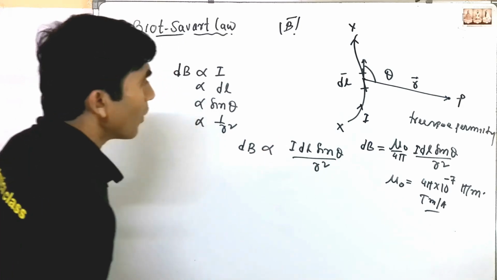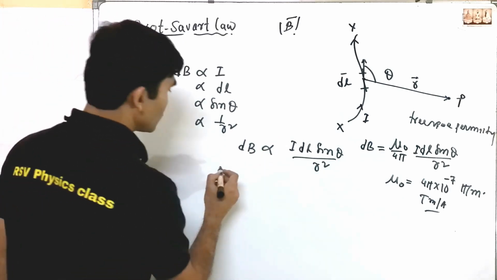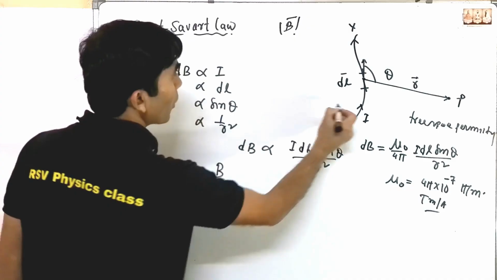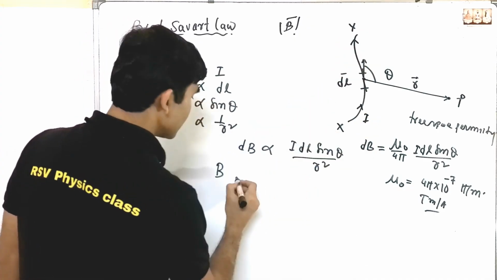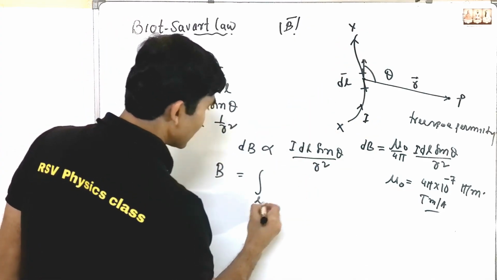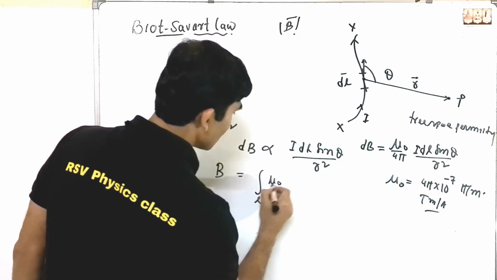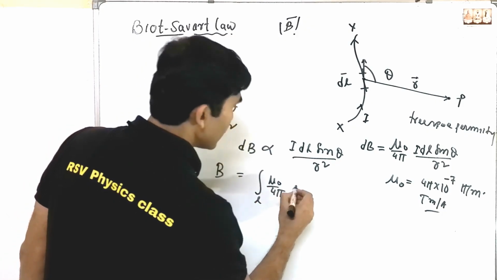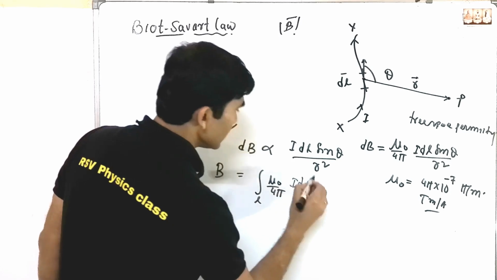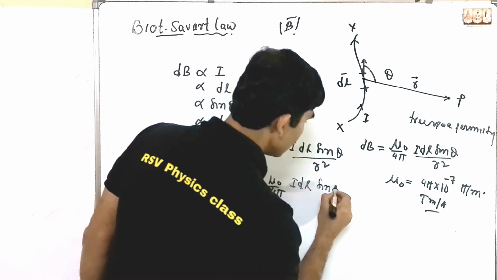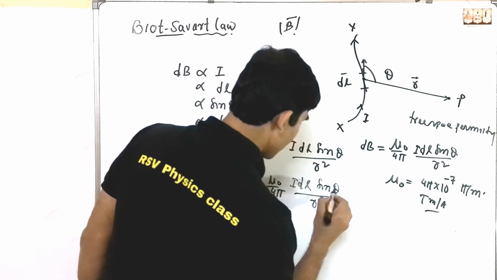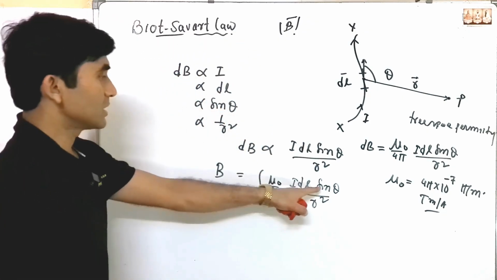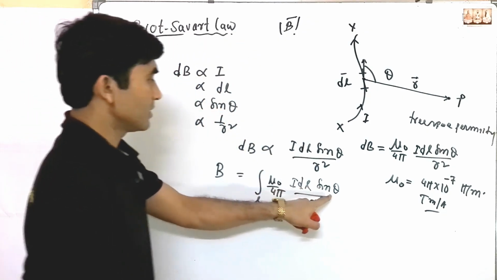Now if you want to calculate the total B for the whole wire over the length L, you have to integrate over L of mu 0 over 4 pi I dl sine theta over r square. Theta is the angle.